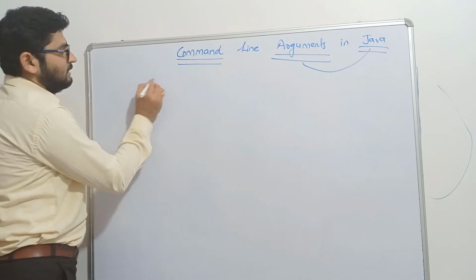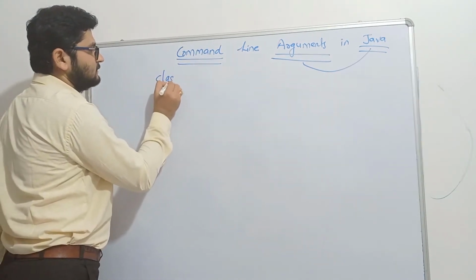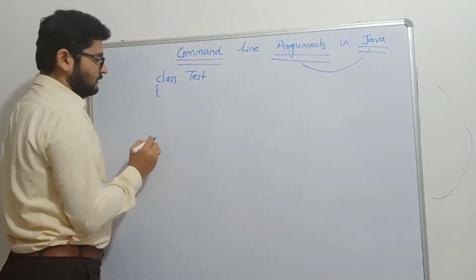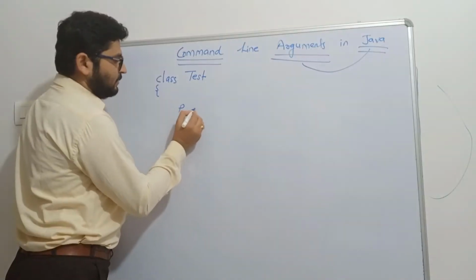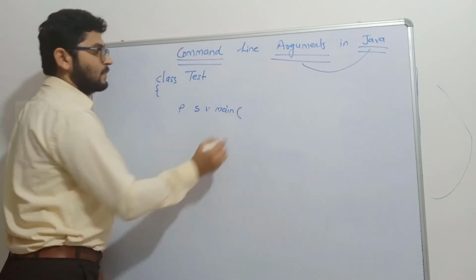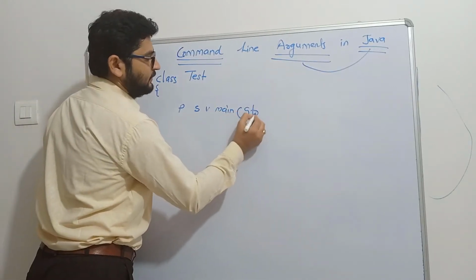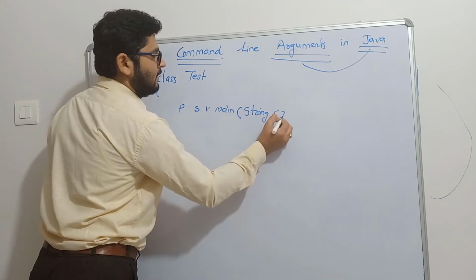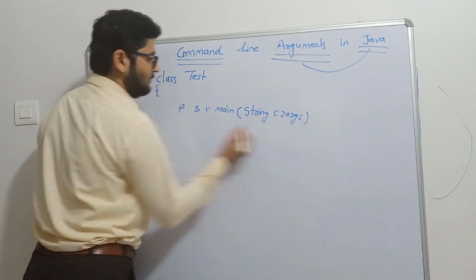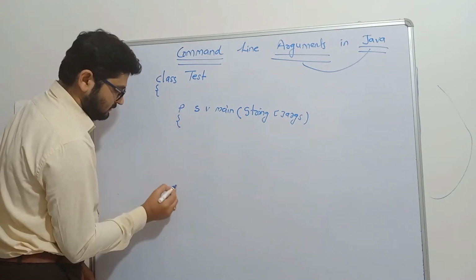Okay, so suppose there is a class Test, and in the class Test we have the public static void main function, and I have String args, that is nothing but an array of strings, and this is our command line arguments.